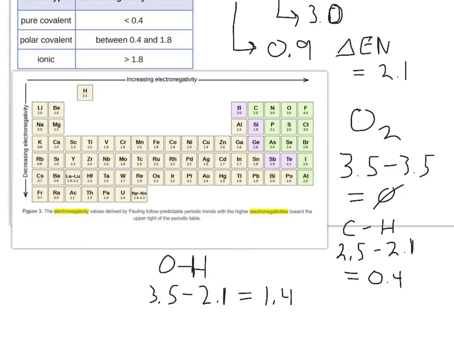This is a polar covalent bond. So it's in between a pure covalent bond and an ionic bond. It is polar.